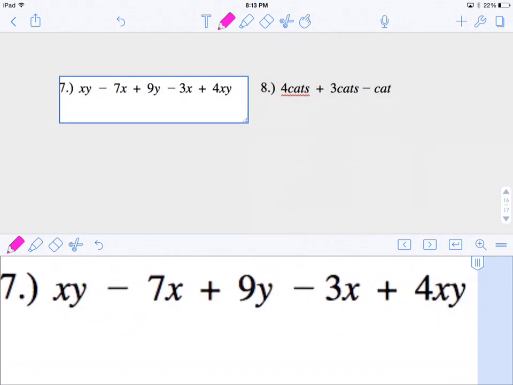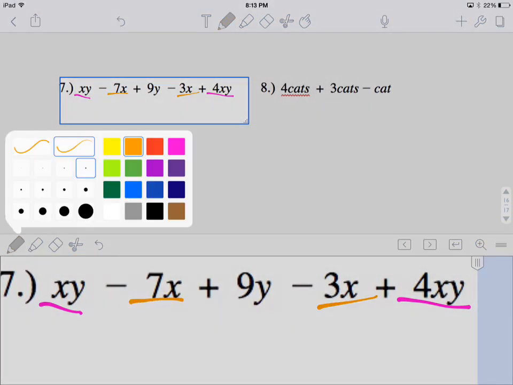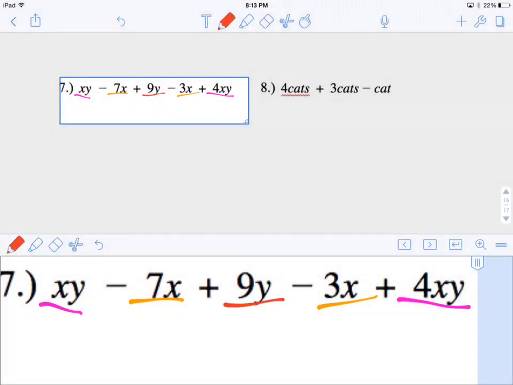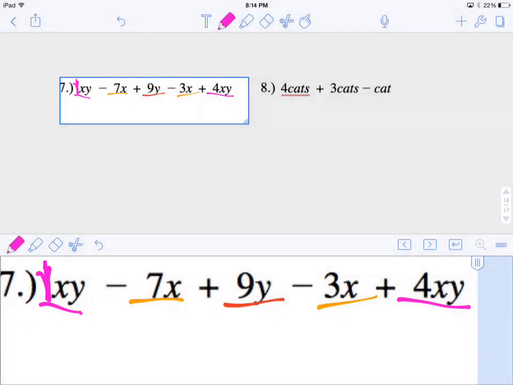Okay, 2 more. Bear with me. And now we've got xy and another xy. We've got just x, and we've got just y. Okay, you can't combine the xy's and the x. They're different variables. This is actually 1 xy, right? Because there's no number, so we know there's only one of them.